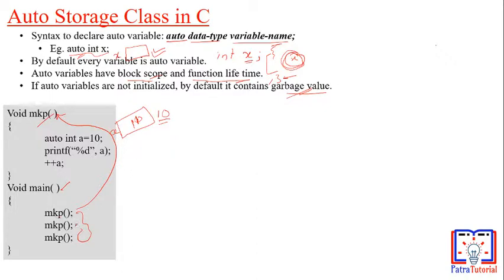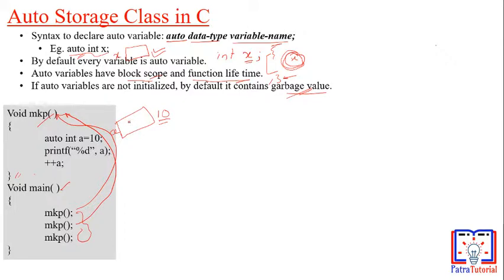Then again it will reach here and go to this function again. Now since the value of a is already incremented, you might be thinking that this time it will print 11. But see, the lifetime of an auto variable is function lifetime. Once the program execution reaches this point, the variable a will automatically vanish, that means it will not contain any value.